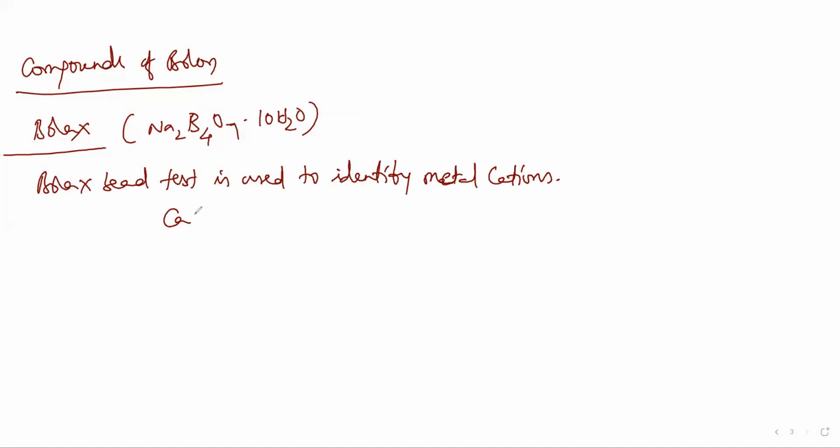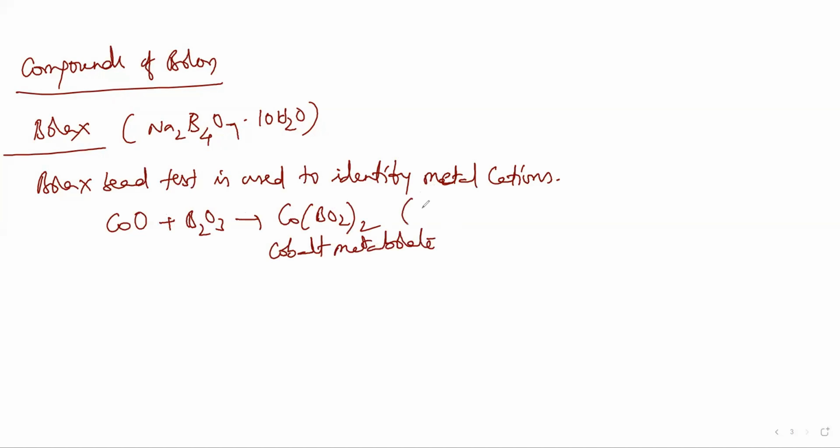If you treat cobalt oxide with B2O3, you get cobalt metaborate, Co(BO2)2.